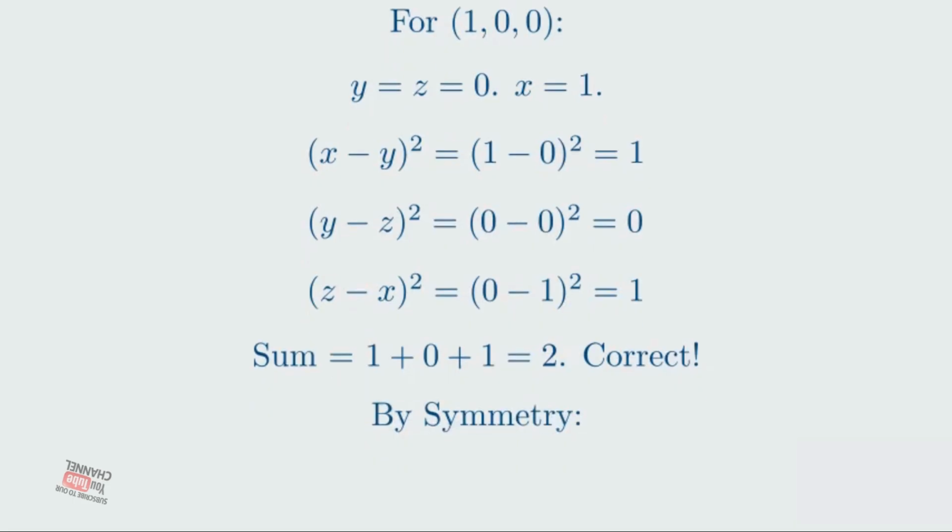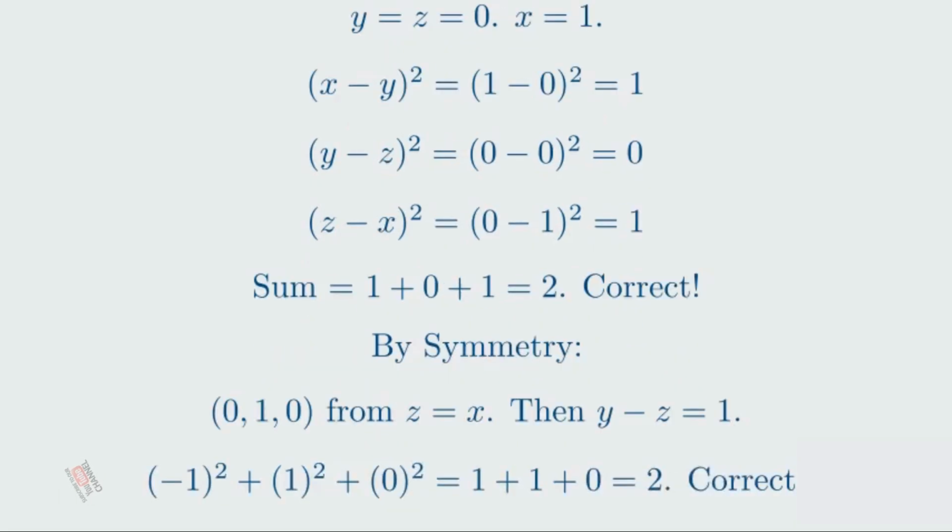By symmetry, the solution 0, 1, 0 comes from z equals x. The differences are x minus y equals minus 1, y minus z equals 1, z minus x equals 0. The sum of squares is minus 1 squared plus 1 squared plus 0 equals 2.